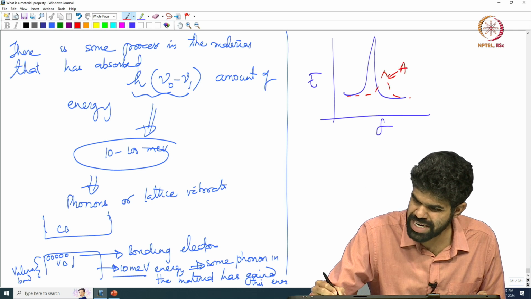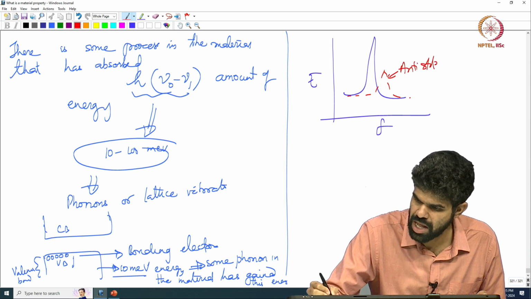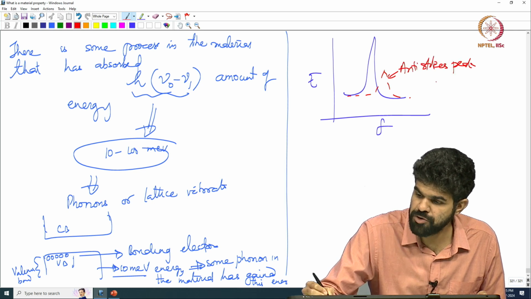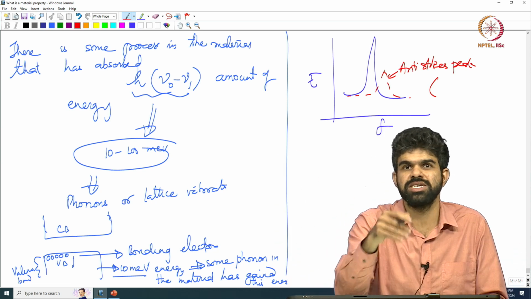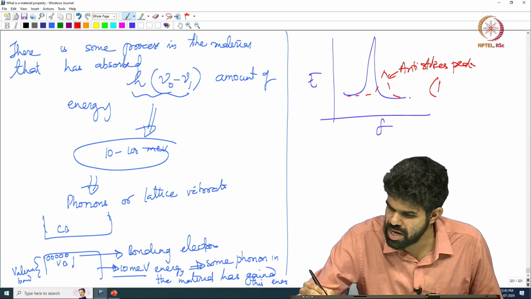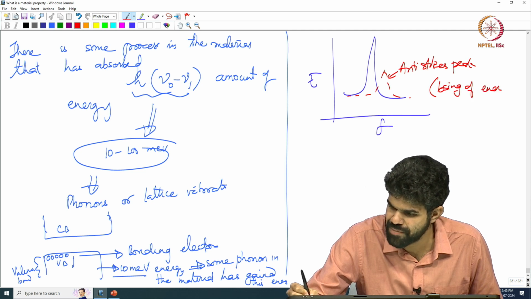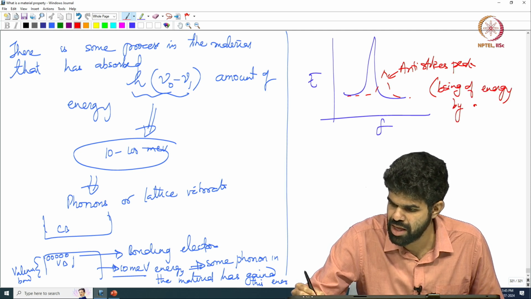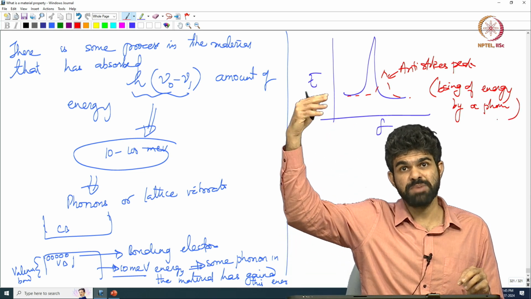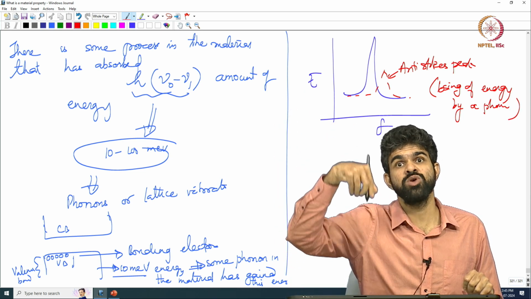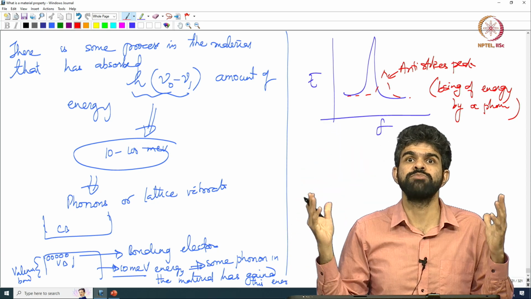This is called the anti-Stokes peak, which means a phonon has lost its energy, and that energy is taken by the photon. So, this is losing of energy by a phonon. In the phonon energy spectrum, there are states where a phonon can be excited to, and that is a real absorption process.